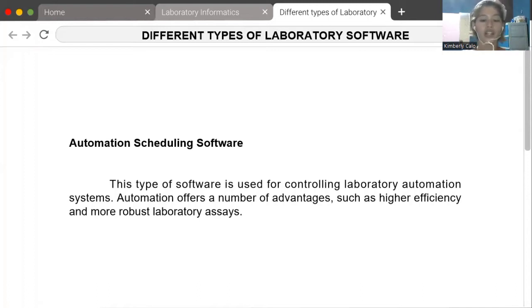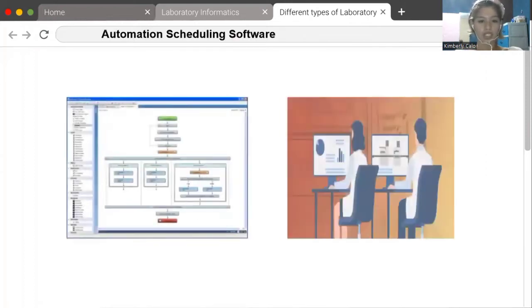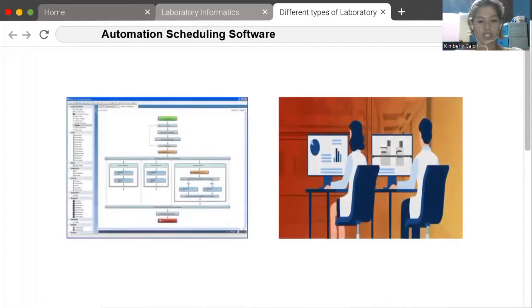The software is used to design the automation process in any way, execute it, and control the automation hardware. Of course, it also integrates with LIMS or ELN to store the protocols and results. Automation schedulers are usually developed and supplied by the vendors of the automation work cells. Of course, this is one example.